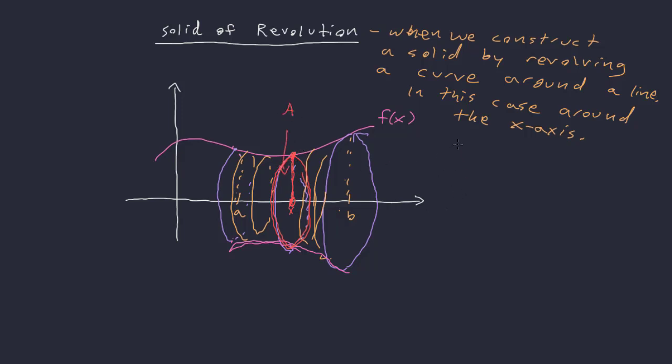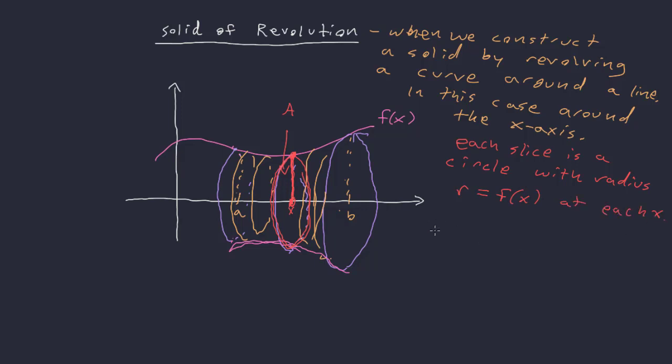So each slice is a circle with radius r equals, well, it's basically this height. So that's going to be f of x at each x.